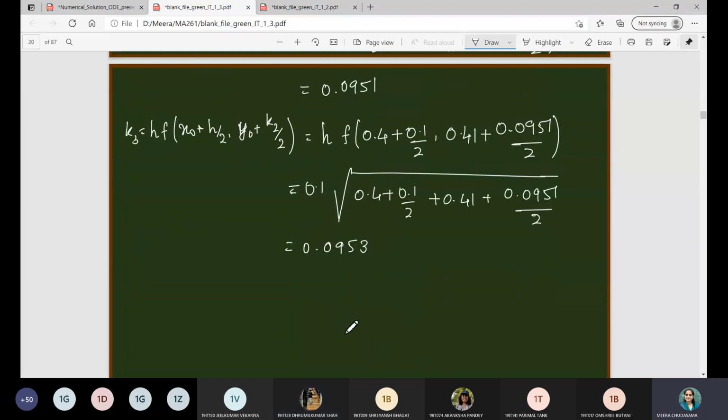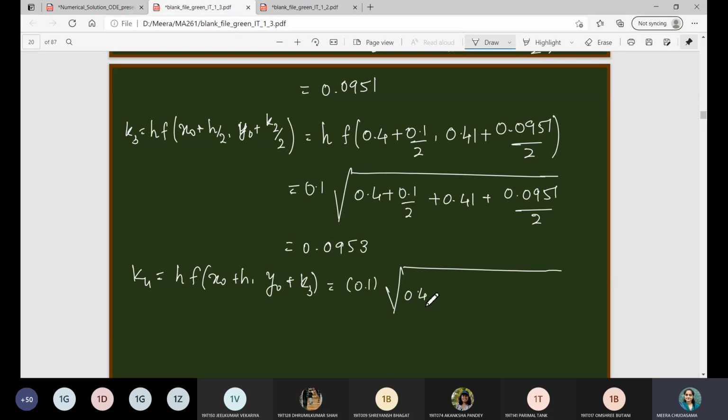0.0953. And k4, which is h, f, x0 plus h, y0 plus k3. So it is 0.1, now I am directly substituting it in the function value.